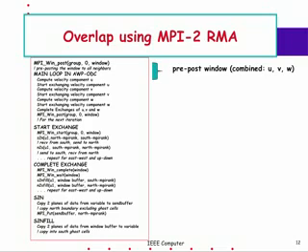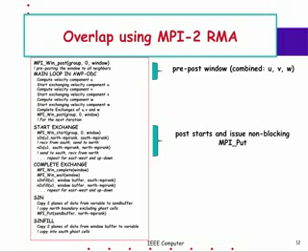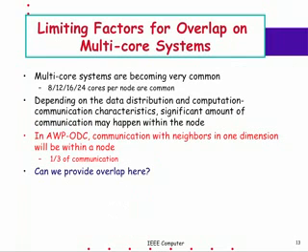In the beginning we have some MPI win post operation. Here it pre-posts some windows which combine the different dimensions U, V and W, and then the post starts and then issues some non-blocking MPI put, and then the issue completes and waits to finish, and that's how the operations can be done.